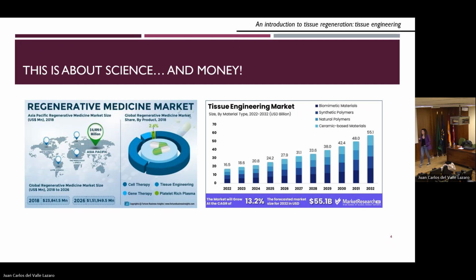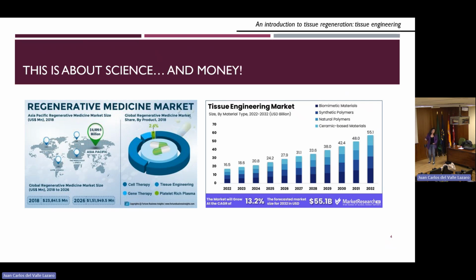Well, it is about science, but it's also about money. Because with the aging of the population, our tissues are aging as well, and they lose their function in our body. So we have bones that have to support our structure, but with time they degrade and they don't work as well as before.